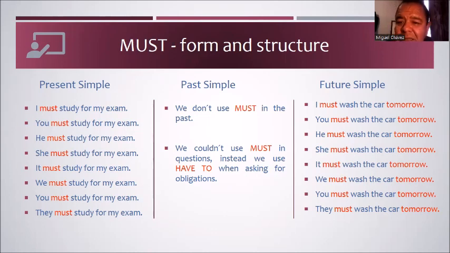If you check in these examples, at the end of them we have tomorrow. Tomorrow is an expression of time for the future. In that case, we have as examples, I must wash the car tomorrow. You must wash the car tomorrow. He must wash the car tomorrow. And in this way, we show that the obligation is going to be in future.